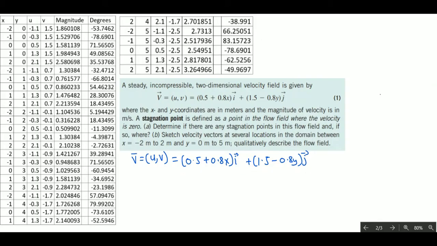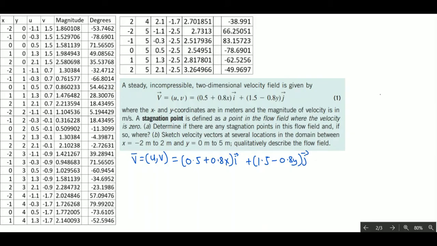The question says that we should determine if there are any stagnation points in the flow, and if so, where the stagnation point will be. The question is even telling us that the stagnation point is defined as the point in the flow field where the velocity is 0. This velocity is a vector and it has components. So for the velocity to be 0, the components must be equal to 0.